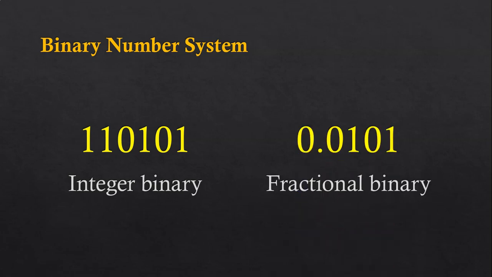But this is called fractional binary, because here we are showing a point, and this point is called the binary point, and here we are showing 0. So we have to read it like this: 0.0101. So this is called a fractional number.